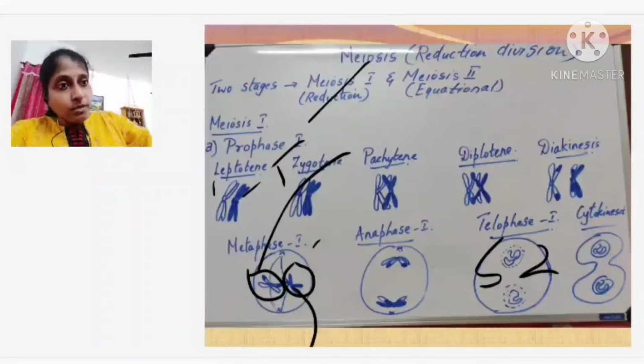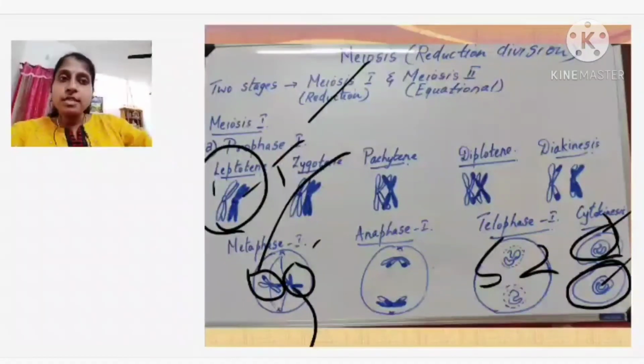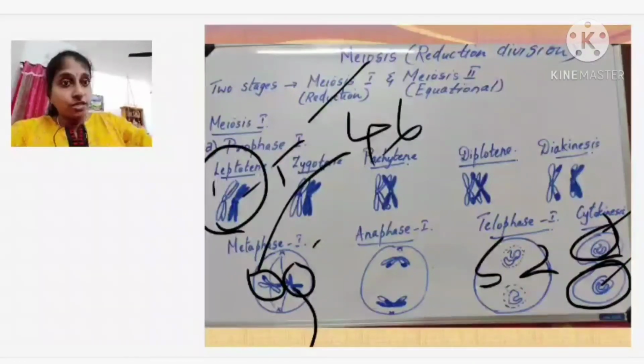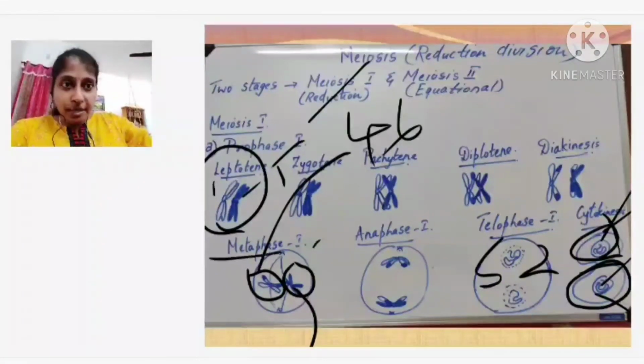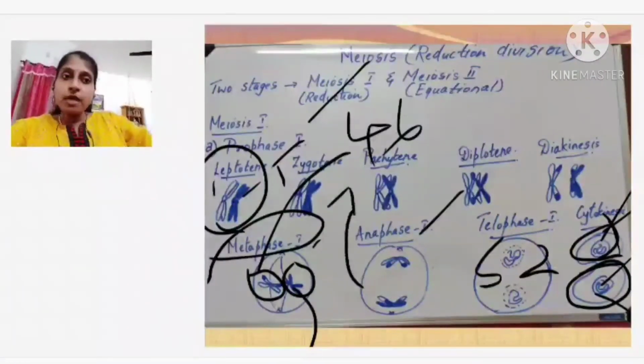So like this, you can find in the cytokinesis, division is taking place, and the cytoplasm from one cell, how many cells are produced? 2 cells are produced. In the beginning of prophase 1, how many chromosomes were there? 46. But now in the daughter cells, how many are there? 23. How I told you? Because in metaphase 1, from there, when it is moving in anaphase, one of the pair will be moving up as a whole and another will come down as a whole.